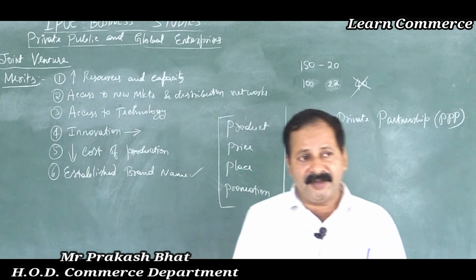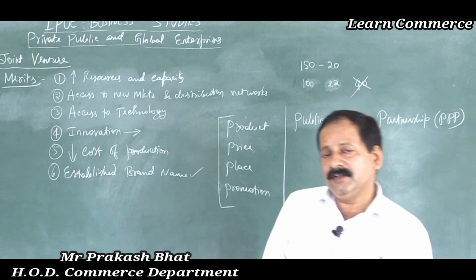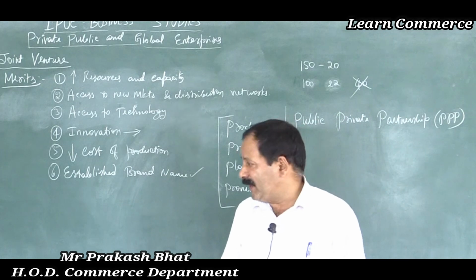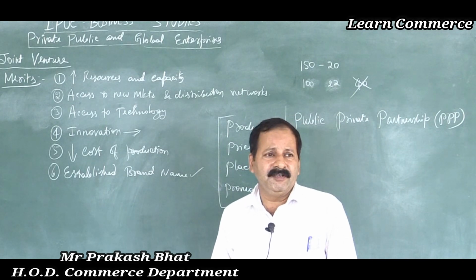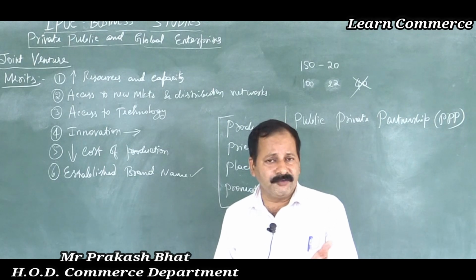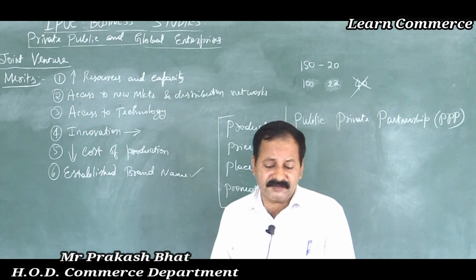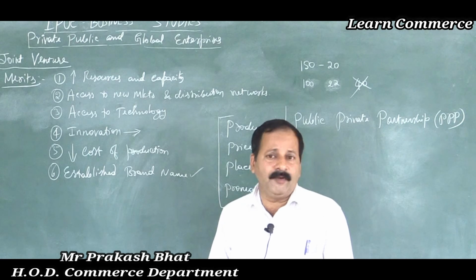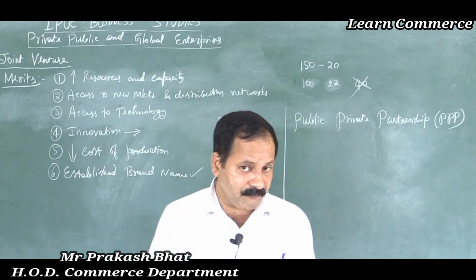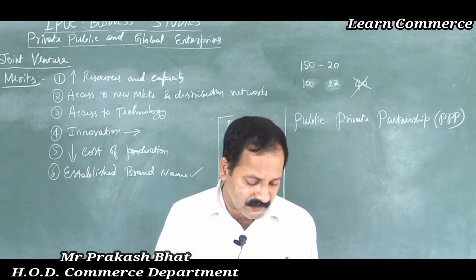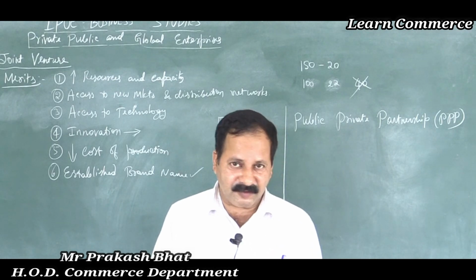Either they will ask merits or demerits or features, nothing other than that. Or they may ask you a question on joint venture, isn't it? On joint venture they may ask a 2 marks question, and on those 3, one of the 3 will be asked. So a 4 marks question is sure from this chapter, and 1 or 2 marks as per your blueprint.